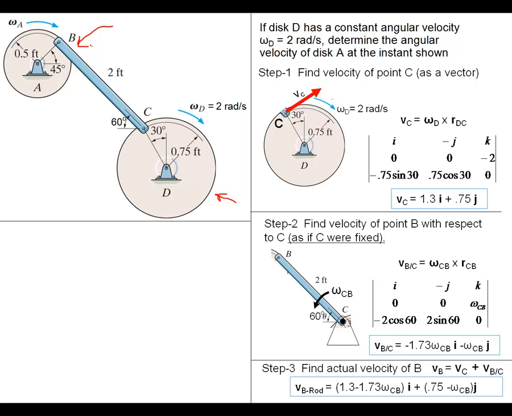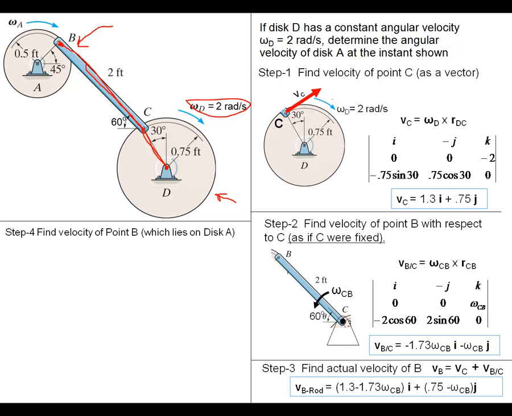And notice there's an unknown there. We don't know the omega CB still. So basically we started at point D, worked our way to C, and then worked our way to point B. So steps 1, 2, and 3 started with the known omega, and worked our way up to point B.